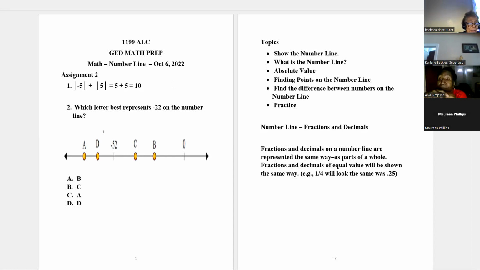Yes. Just remember, absolute value, no signs. Absolute value is just the distance from 0. So from 0 to -1 is 1, and from 0 to +1 is 1. No signs, right?